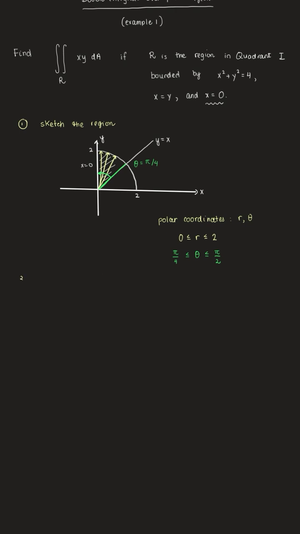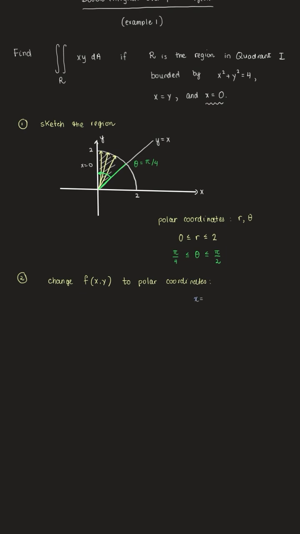The second thing we need to do is change our function to polar coordinates so we can set up our integral. And we can do that. The identities that help us make any changes between polar and rectangular coordinates are as follows.